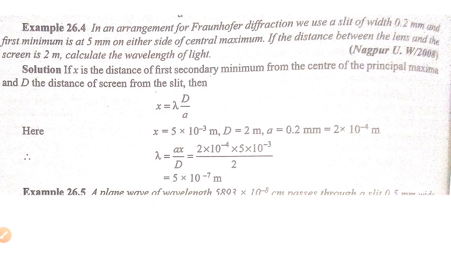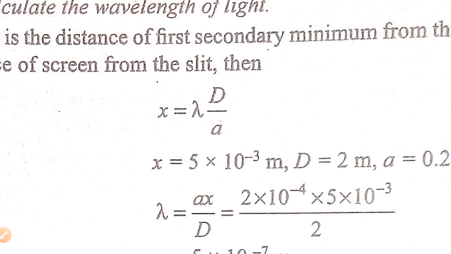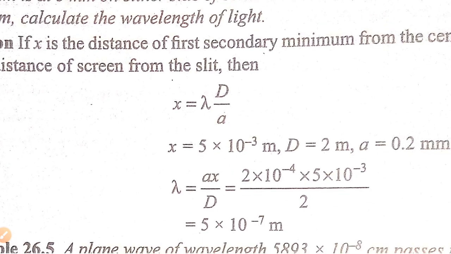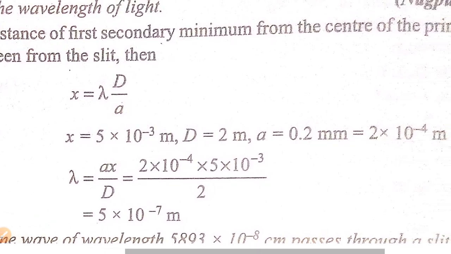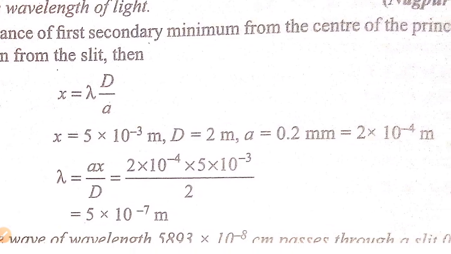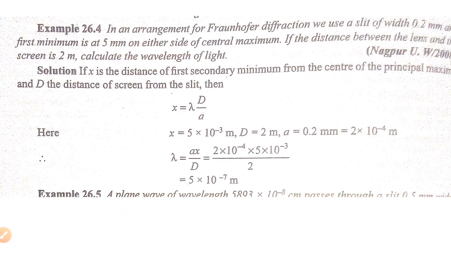If x is the distance of the secondary minimum from the center of the principal maximum, then we see that x is equal to lambda D by a, where x is given as 5 into 10 to the power of minus 3 and D is given as 2 meter, the distance between the screen and the lens, and a equal to 0.2 mm means 2 into 10 to the power of minus 4, the width of the slit.